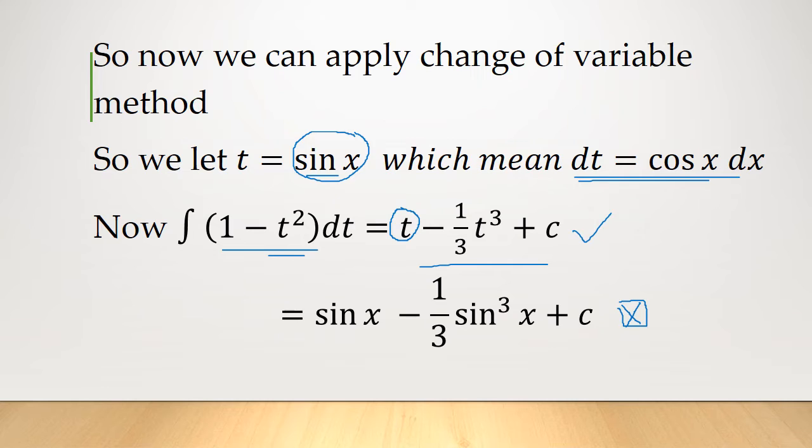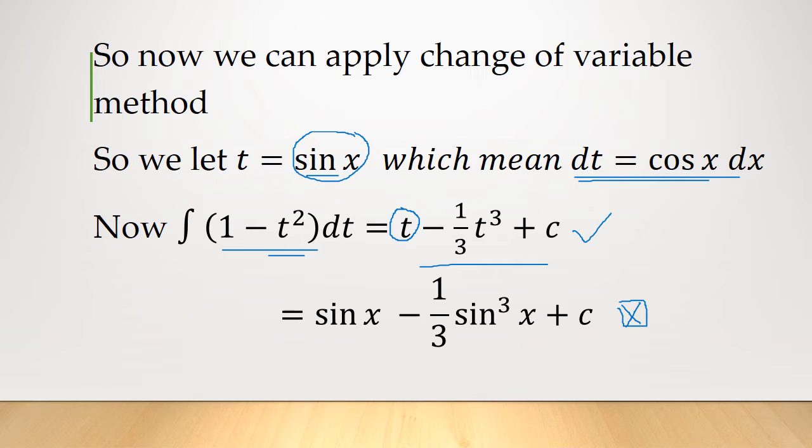Maybe to clarify what happened there: dt is cos x dx here. That means what we are left with is only the part 1 minus sine squared, which is this one.